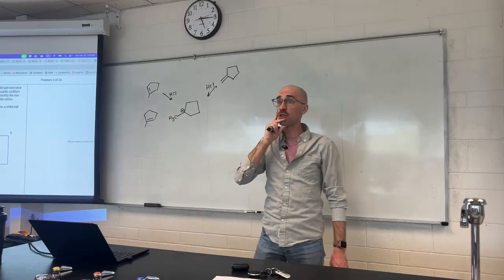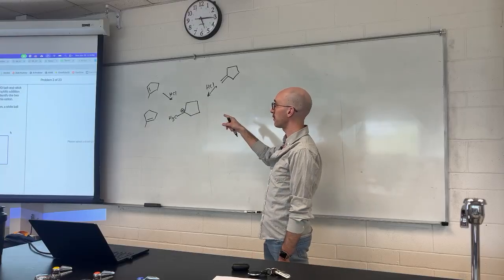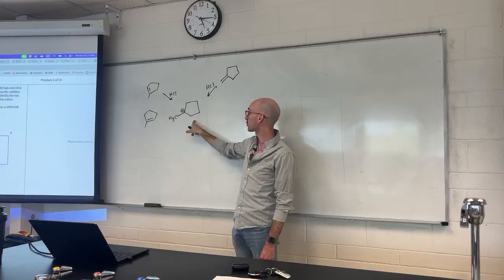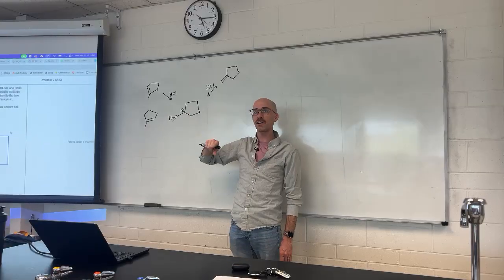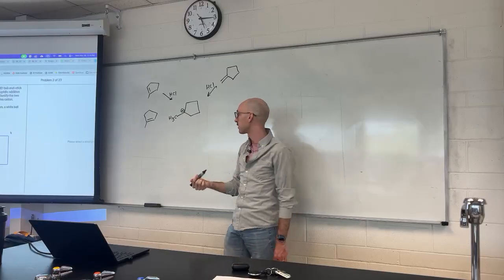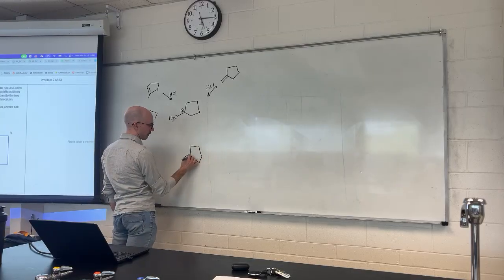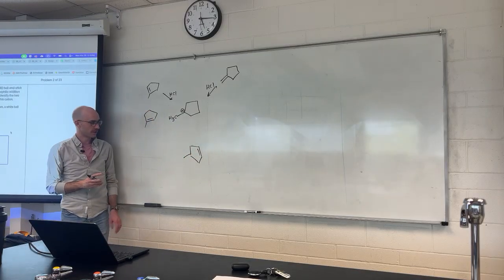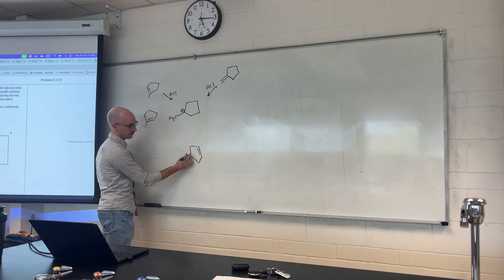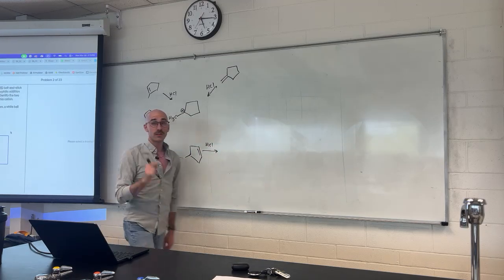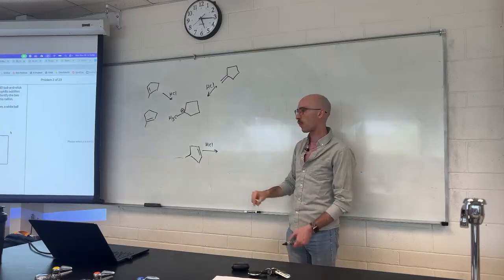Now, to be fair, you could argue that there is another base that can actually get to this structure as well, but it would require a carbocation rearrangement. If I showed 3-methylcyclopentene, and I reacted this with HCl, there's only one carbocation that can form.